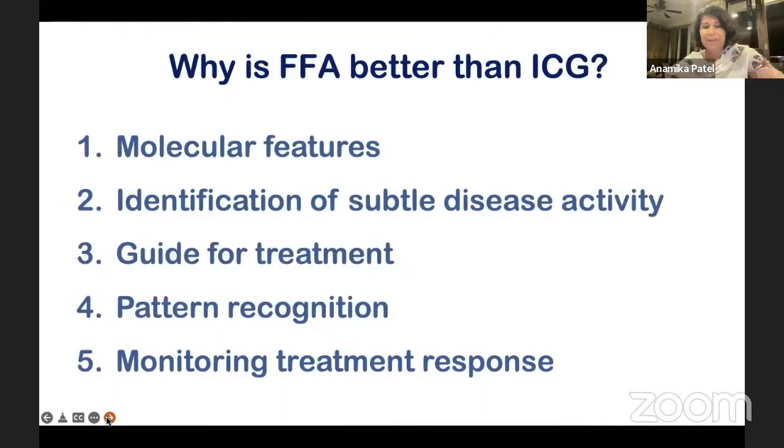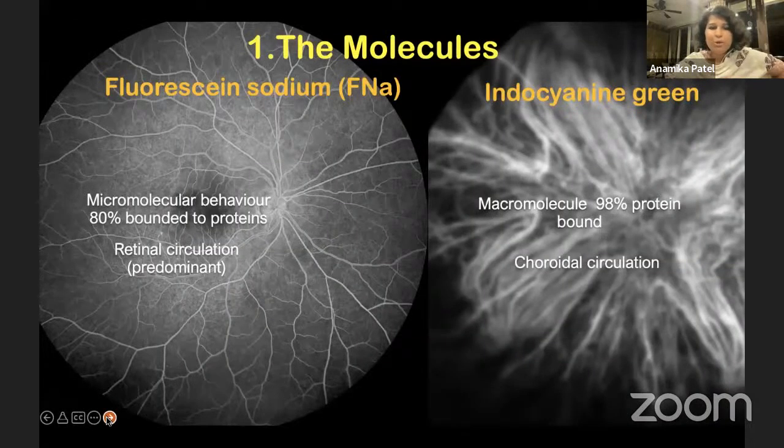So for any person who contests that why ICG is better than FFA, let me give all of you here who have that thought in their mind the 5 pointers. First is kind of theoretical and the rest all are clinical. If you look at the molecule, the fluorescein sodium as we know it, it's a micromolecule in behavior because it's 80% bound compared to ICG, which is a macromolecule.